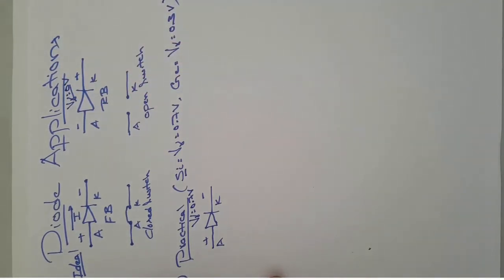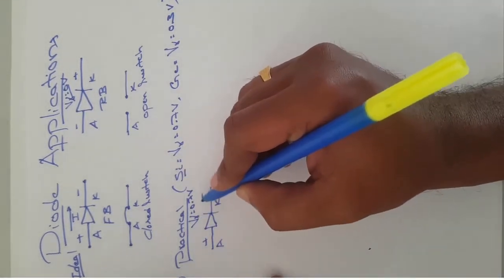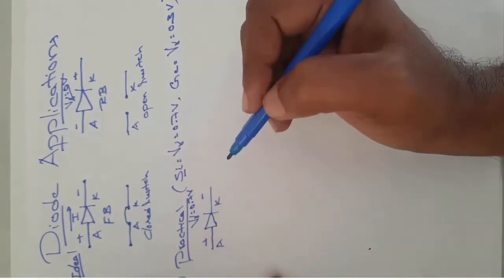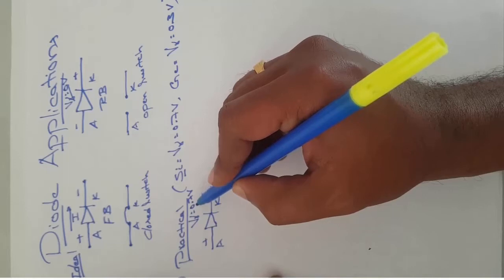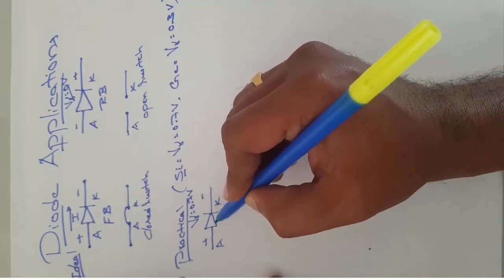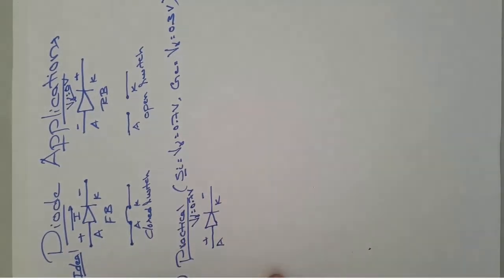But practically there are no ideal diodes, so the cut-in voltage for this silicon diode is 0.7 volts. It means when the applied voltage is more than 0.7, only then does the diode get turned on. If it is less than 0.7, the diode remains in the off state, right?